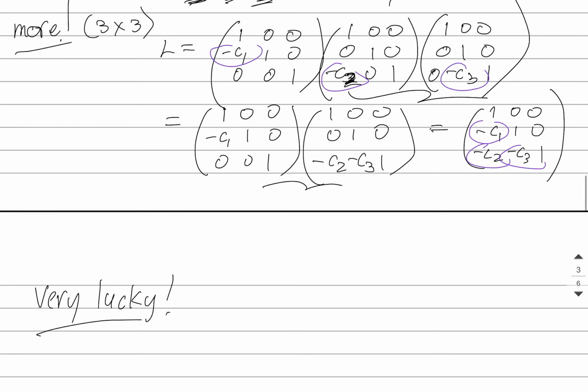So in general, and again, this isn't foolproof, but in general, when you have your lower triangular matrix, it's a product of these elementary matrices, the inverses, in the order you applied them.